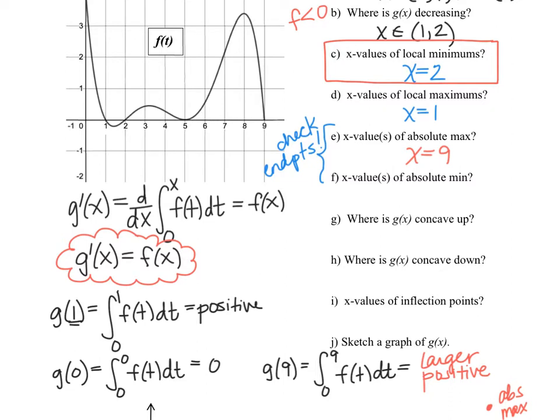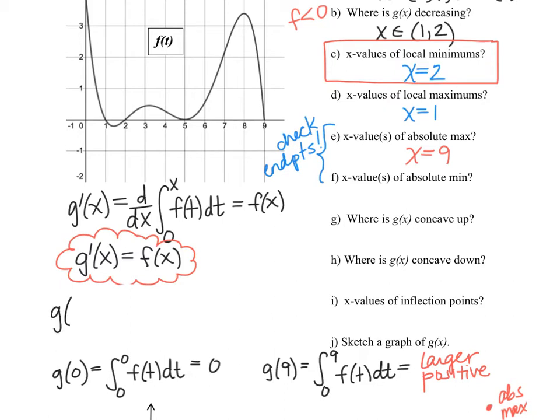So we already computed g of 0. G of 0 is 0, and then g of 9 is a large positive number, the right-hand endpoint. So let's compare the value at the local minimum, which was at x equals 2. Because I'm running out of room, I'm just going to erase one of my little integrals here, and you can just add on somewhere else.